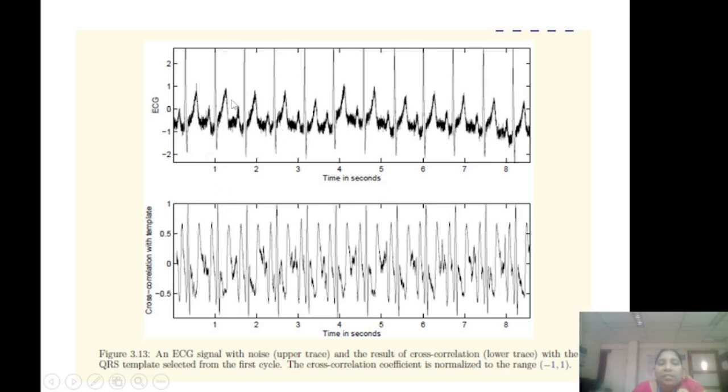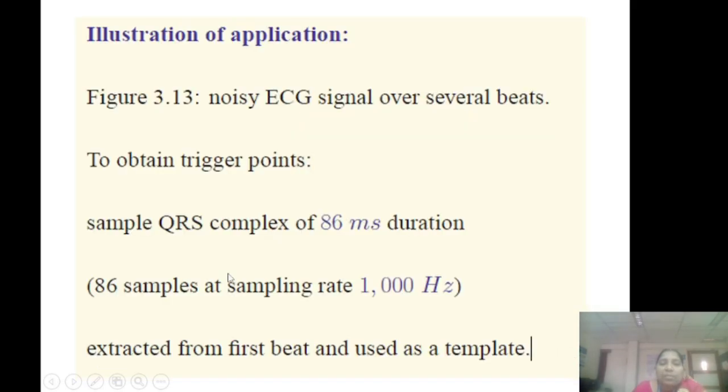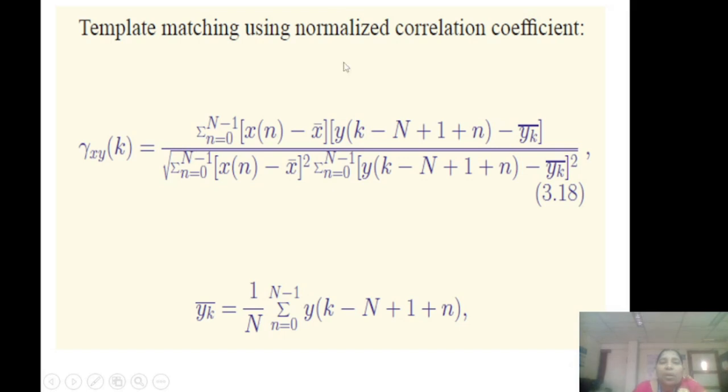Now the second signal is an ECG signal with some noise. When you apply the cross correlation technique with the template, the noise gets reduced and finally you get a proper ECG signal. According to the template matching technique, the normalized cross correlation coefficient is calculated by this formula, R_xy(k) equal to this.